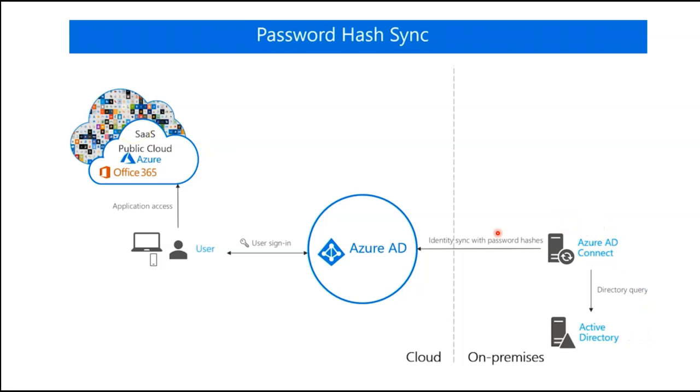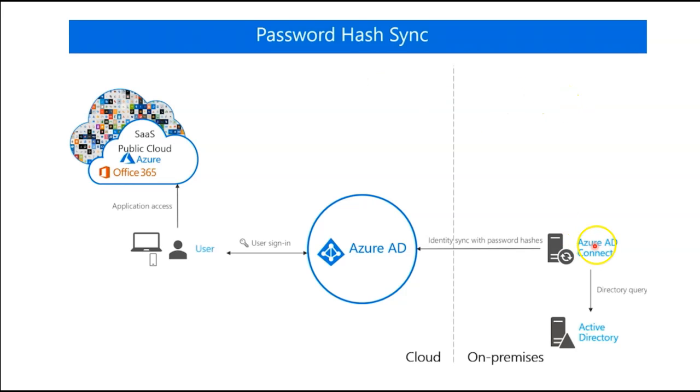In addition, Fabricam does not have a large IT department, so they need the simplest solution possible, which means low cost and a low footprint on-premises so that they can easily operate. In this situation, password hash sync is the right option for Fabricam.